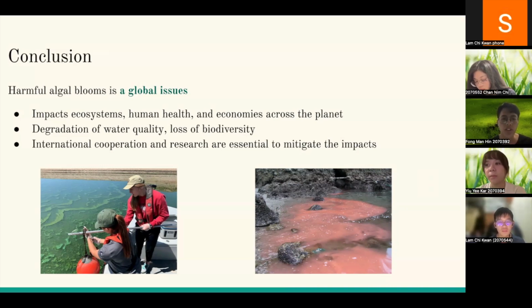Addressing this challenge requires comprehensive strategies, including improved land use practices, better waste management, and increased public awareness. International cooperation and research are essential to mitigate the impact of algal blooms and protect aquatic environments for future generations. Thank you.